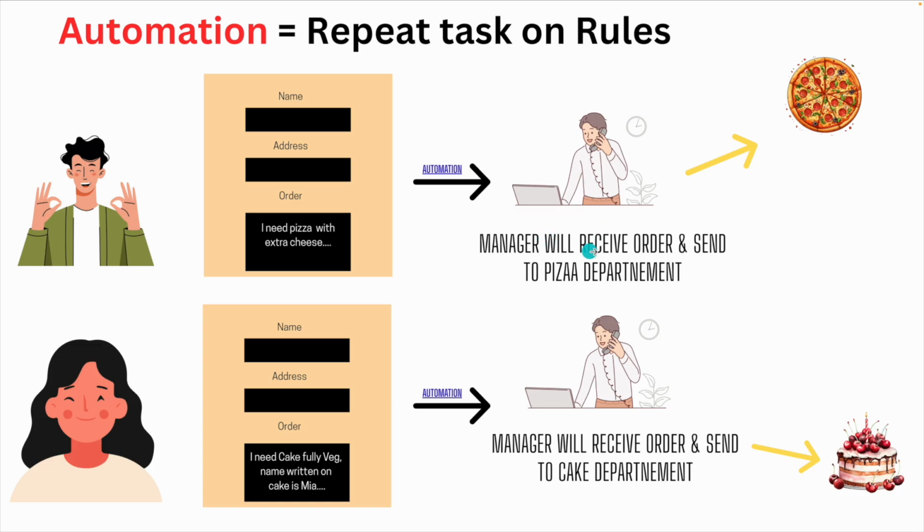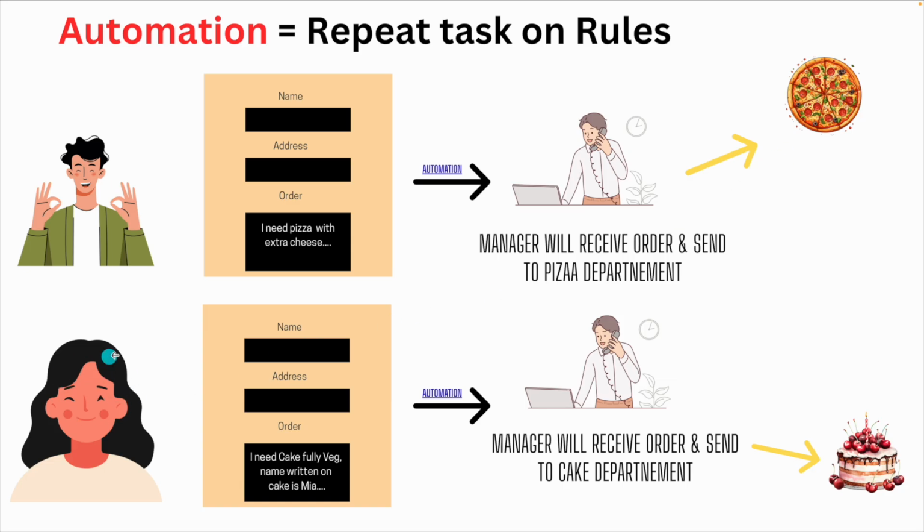The manager receives the order, sees that it is related to pizza, manually checks it, and then sends it to the pizza department to deliver the order.